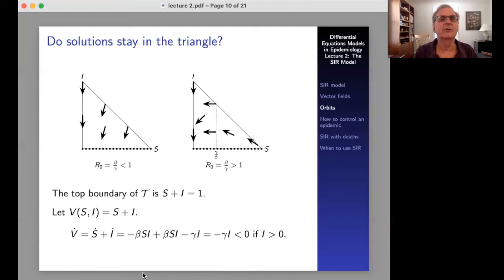It's beta SI minus gamma I. These two terms cancel, and so we get that V dot is minus gamma I, which is negative whenever I is positive. It's not negative when I is 0, but those are equilibria. Whenever I is positive, S dot plus I dot is negative, which means that we're moving into the triangle, not out of it. That's good news.